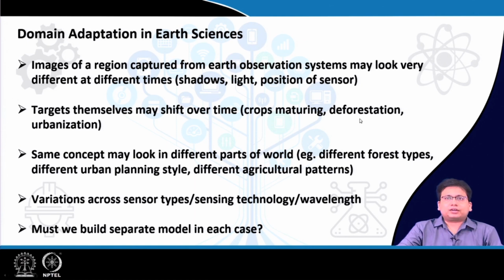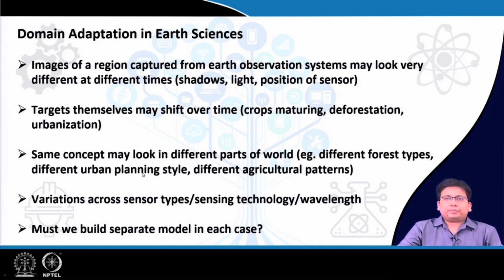As a result, the early images of that region may look very different from the later images after deforestation. Similarly for urbanization. So in the first case the target remains the same but may look different in different circumstances, while in this case the target itself may change over time.